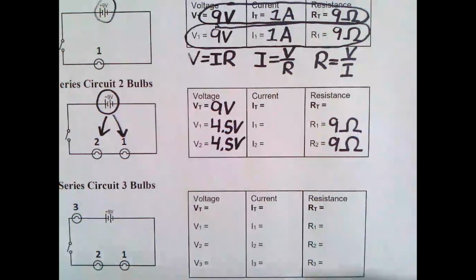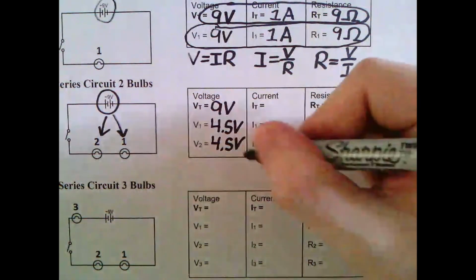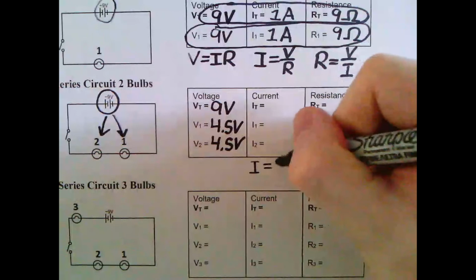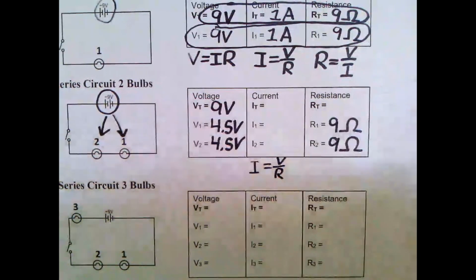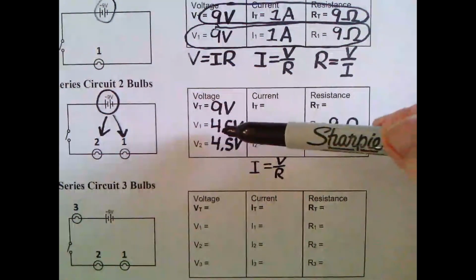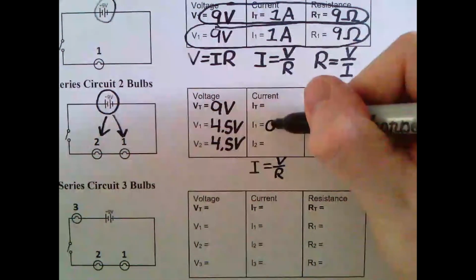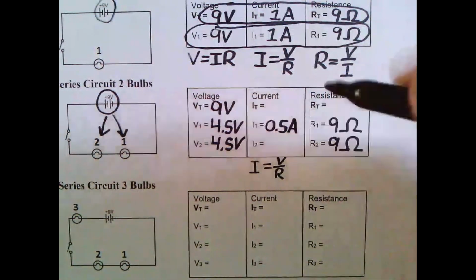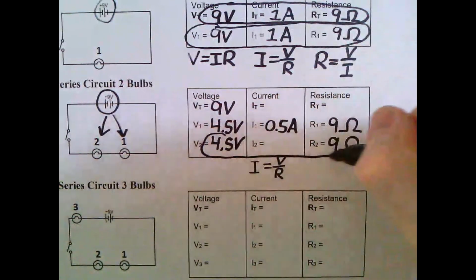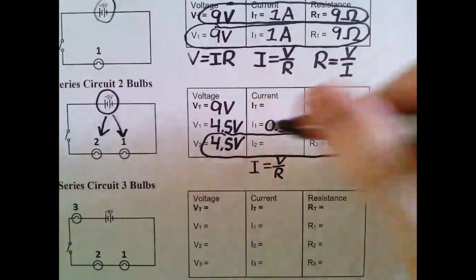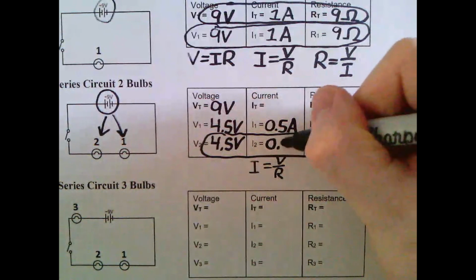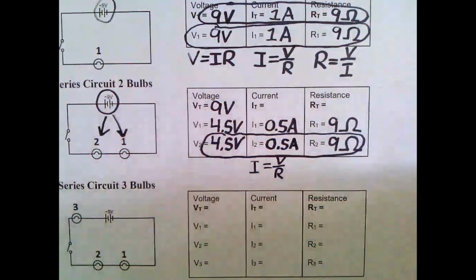So to find current, again, we do the same thing. We say I equals voltage divided by resistance. So we can see here 4.5 divided by 9 is 0.5. Again, 4.5 divided by 9 is 0.5. So you can always use this formula to find the missing piece.